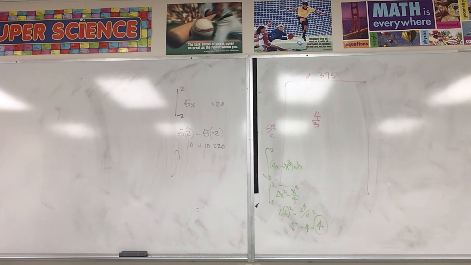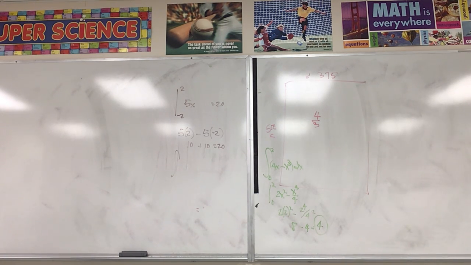So the antiderivative of 4x would be... You said add one and divide, right? Add one to your exponent, and then divide by the new exponent. So your exponent here is what? One. So you add one to it and you get two, and then you divide by 2.